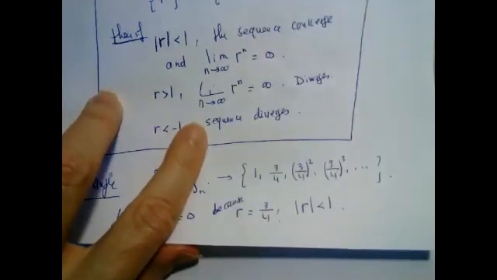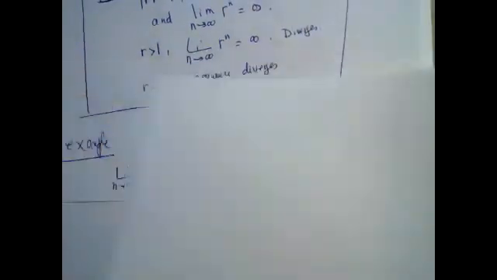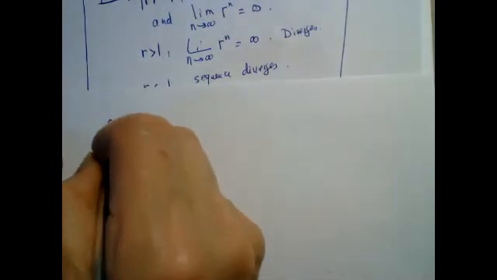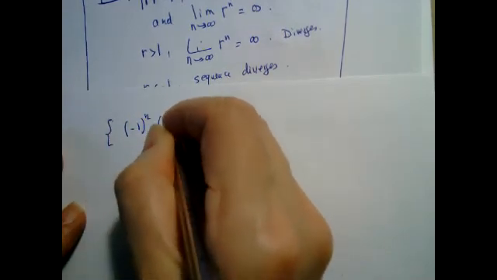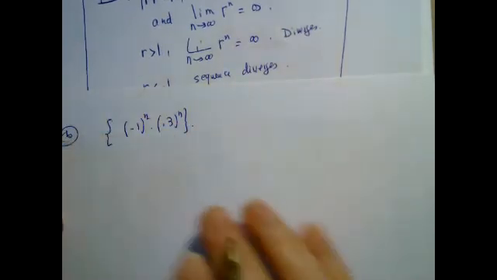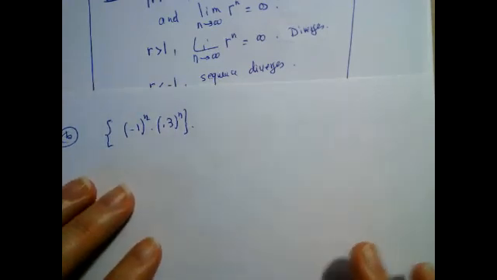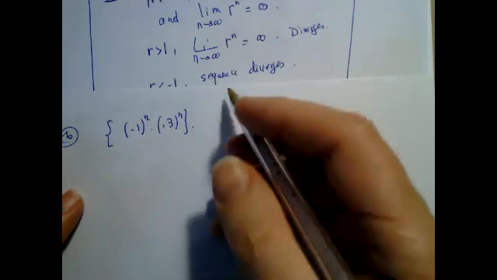All right, let's take 2 more quick examples. Suppose I give you the following: let us say (-1) to the n times 0.3 to the n, from 1 to infinity. So that's example number 2. Does this one converge or diverge? And can we see in this the type of behavior that I am talking about?